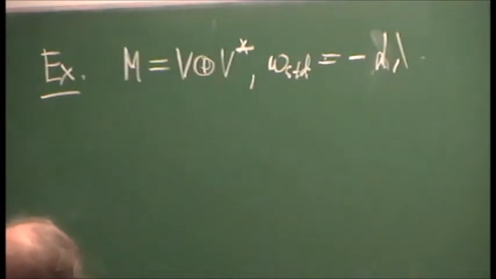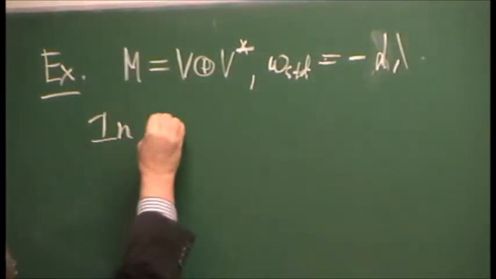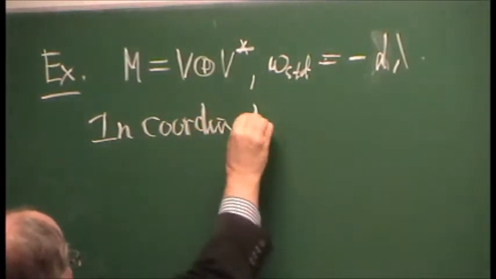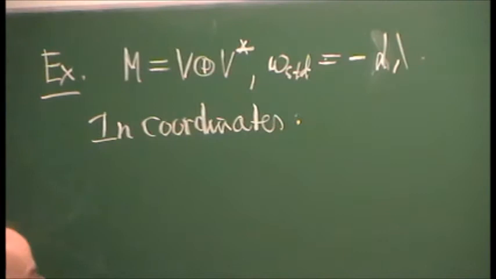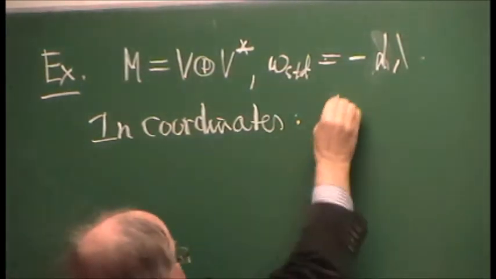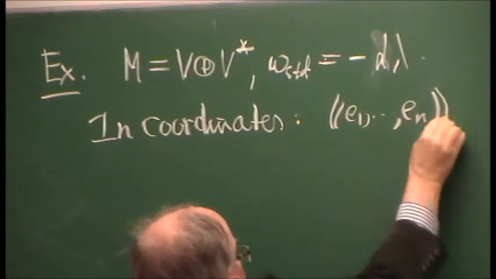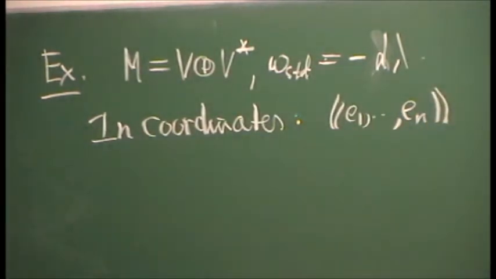Lambda is the Liouville form. And in coordinates, we computed it. So how do you compute coordinates? That means you take a basis of V.